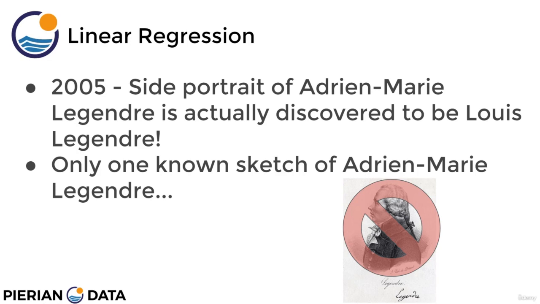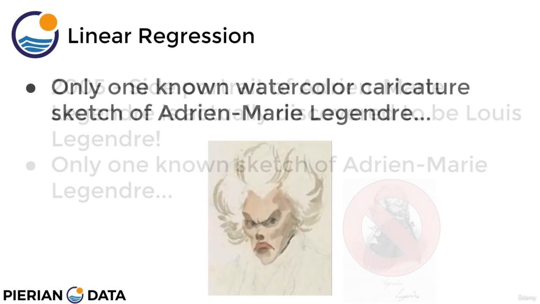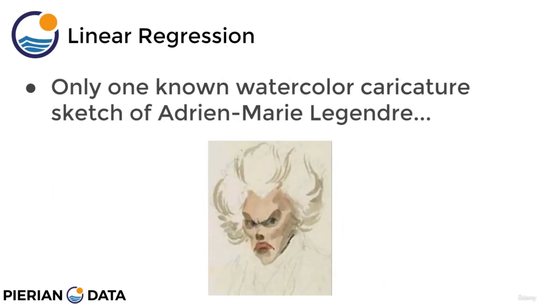So this picture that was in almost every textbook image of the mathematician Legendre was discovered to be a picture of a totally different person. Stranger still, there's now only one known sketch that we know is of the mathematician Legendre, and it is a watercolor caricature of him that looks like this. Now you may be thinking, well, the issue of the portrait doesn't really affect the timeline of the publications.